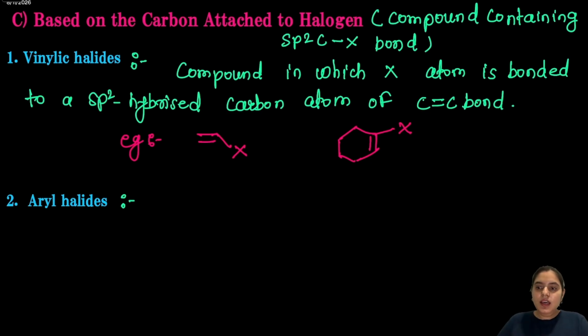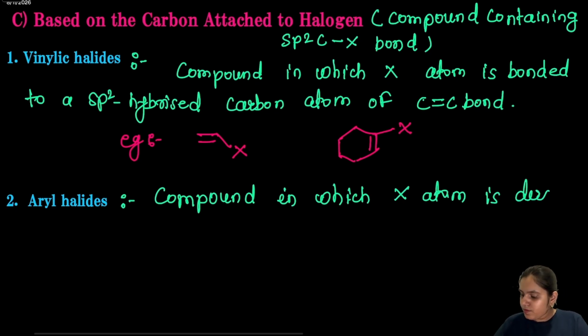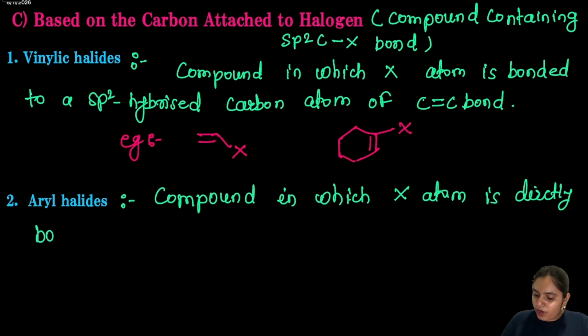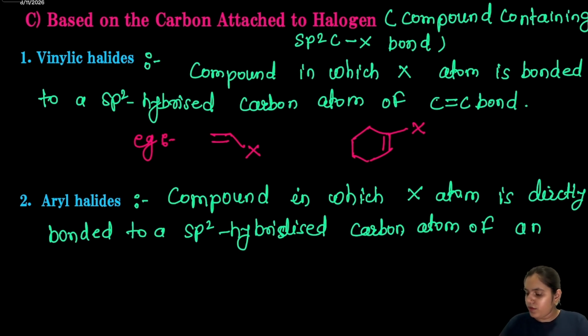Okay. Next is aryl halide. These are the compounds in which a halogen atom is directly bonded to an sp2 hybridized carbon atom of an aromatic ring.